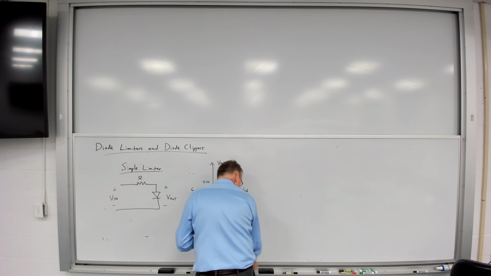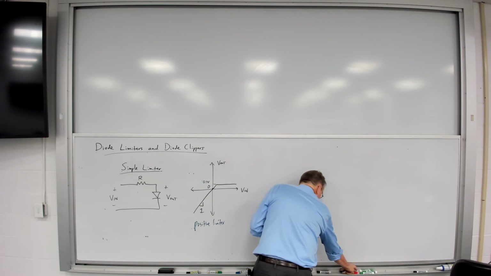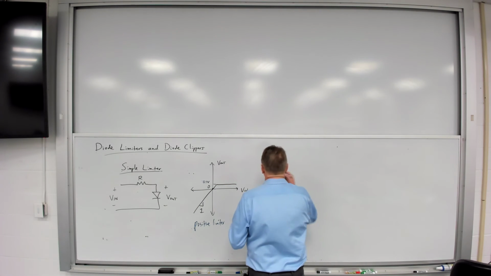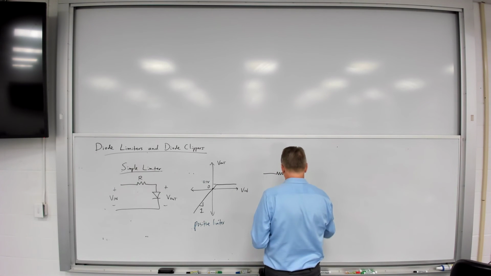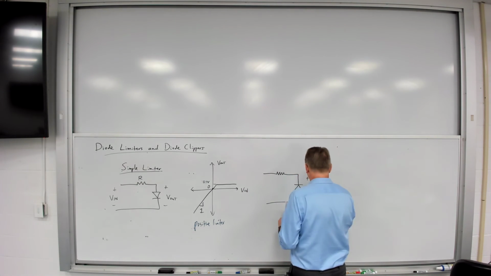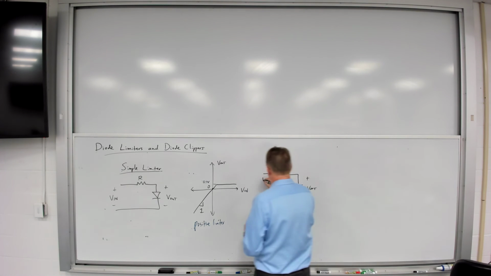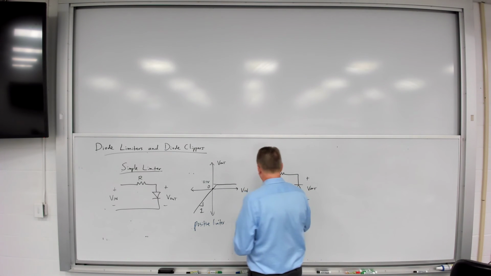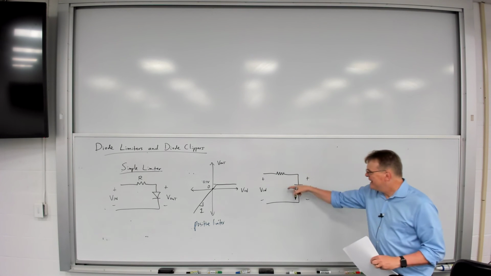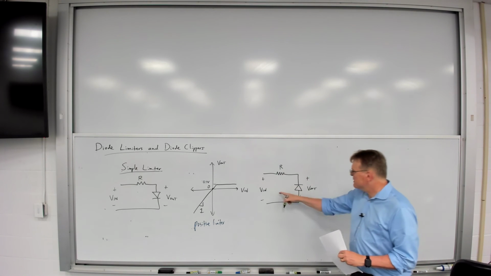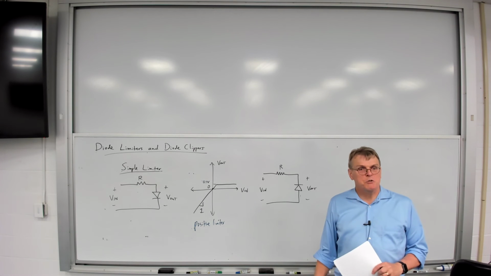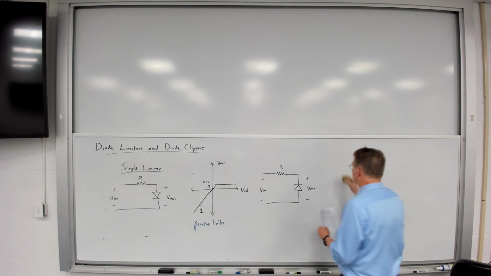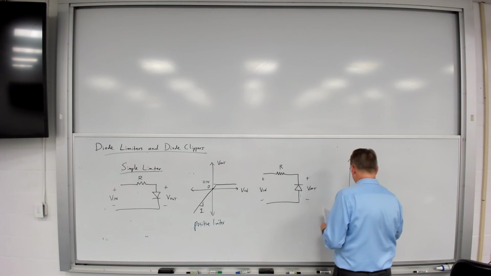So I could do this instead. In this case, I've got the same circuit, except now this diode turns on if Vin becomes too negative. And so in this case, I'm going to see this type of behavior.